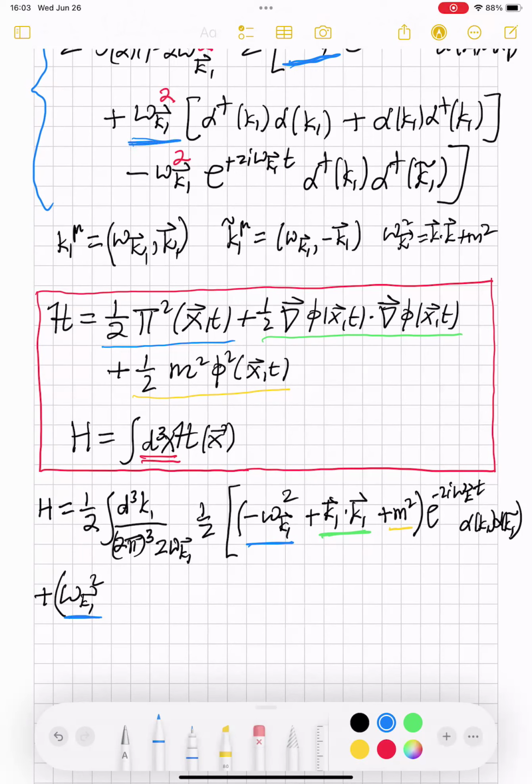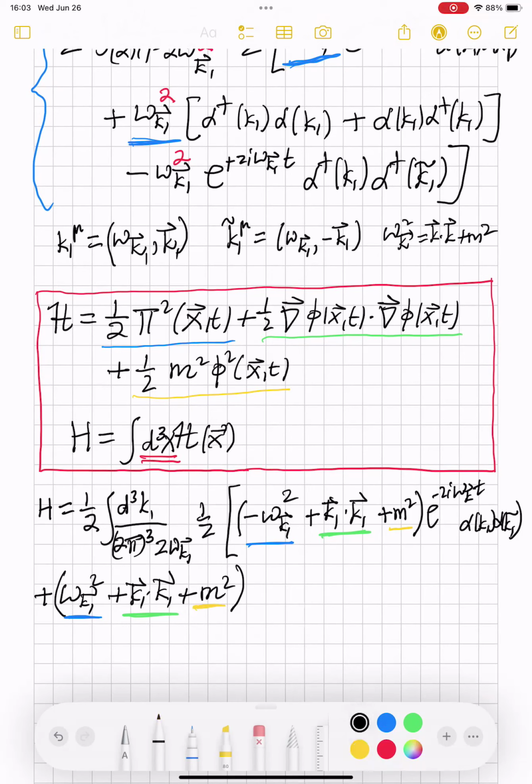If you were to go ahead and evaluate the gradient of phi dotted into the gradient of phi, you'd find a K1 dot K1, okay? So that term comes from the gradient of phi dotted into the gradient of phi. And if you look at the m squared term, you'd get an additional plus m squared. And that's that term sitting over there.